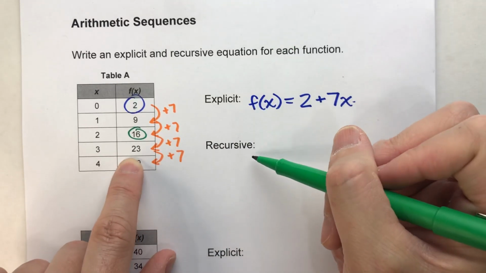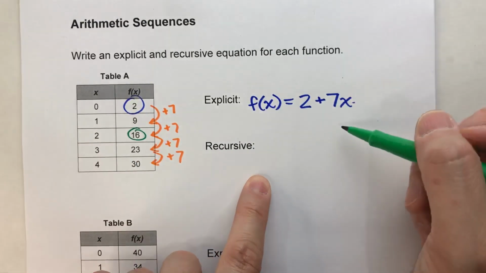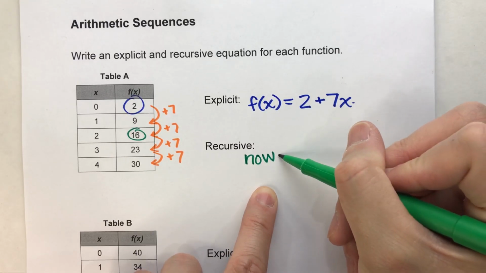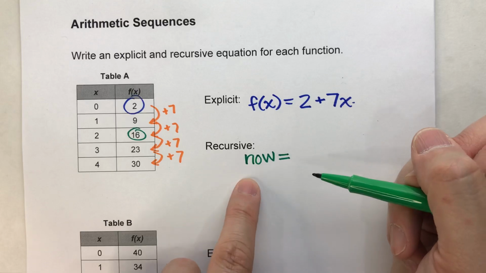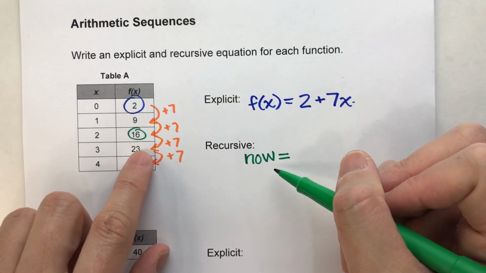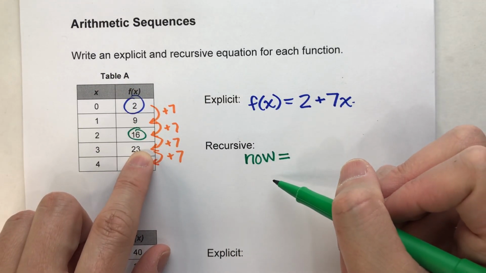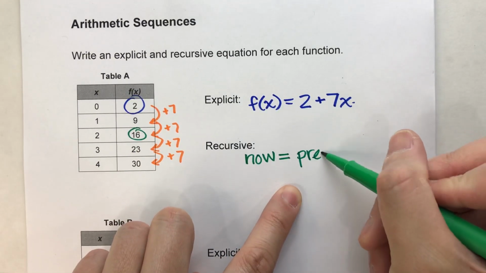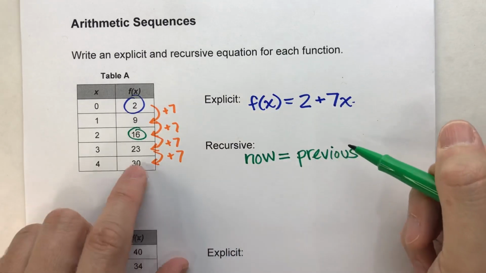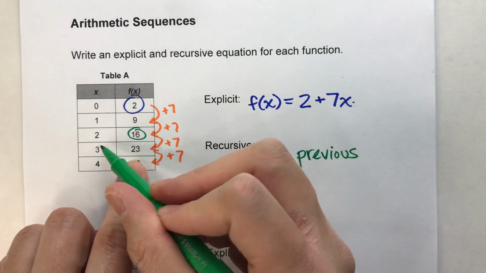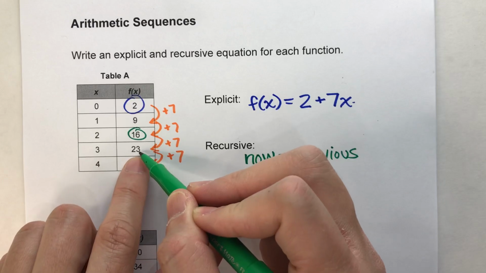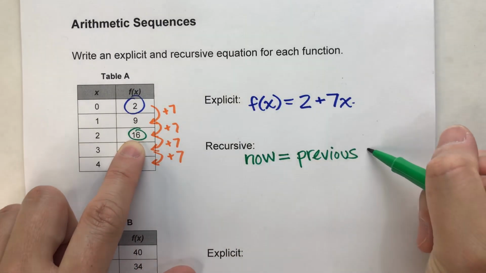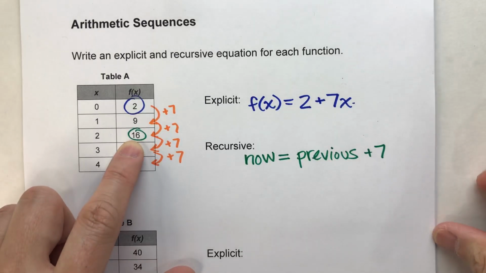So our recursive equation, we're going to write it something like this. We want the current value, so I'm going to call that now. The current value of f of x is equal to whatever the previous value was. So, for example, if I'm trying to find f of 3, I'm going to take the previous value, which is 16, and then simply add 7 to it.